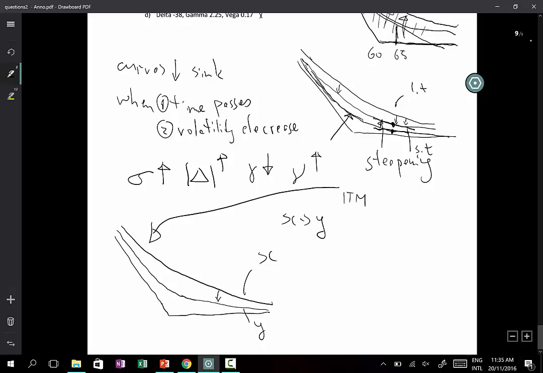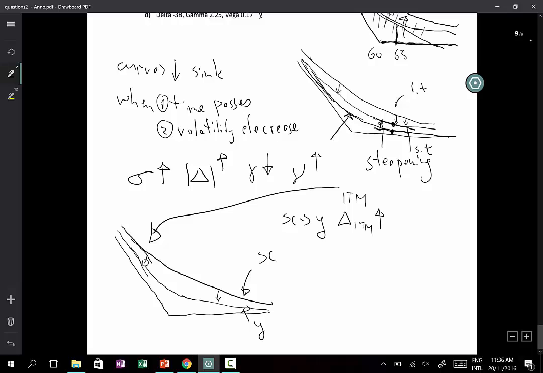When you migrate from X to Y, when the curve is slowly sinking, then the delta of an in-the-money option will rise because it's getting steeper from here to here.